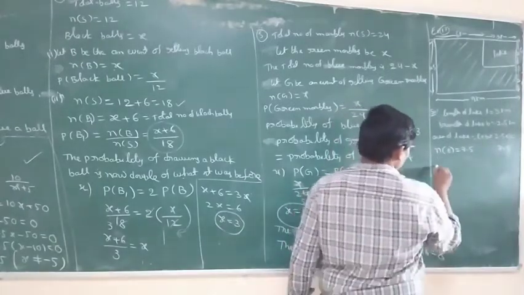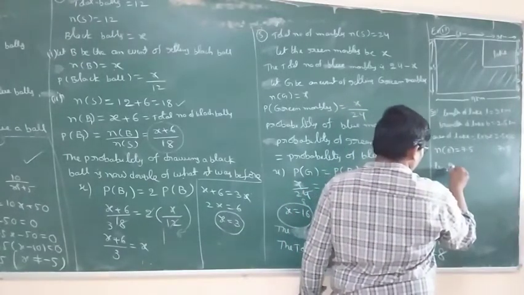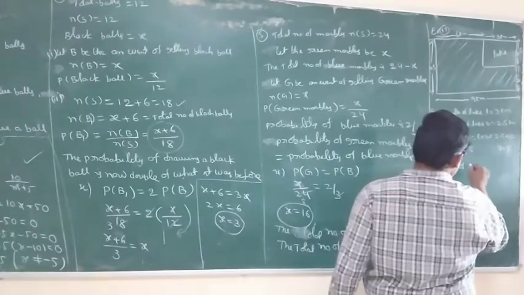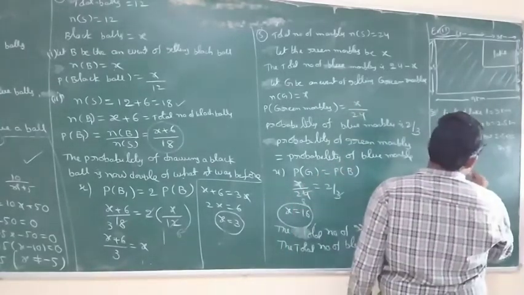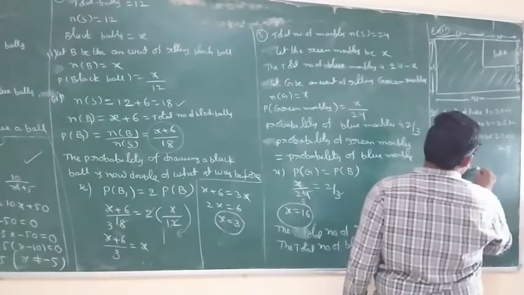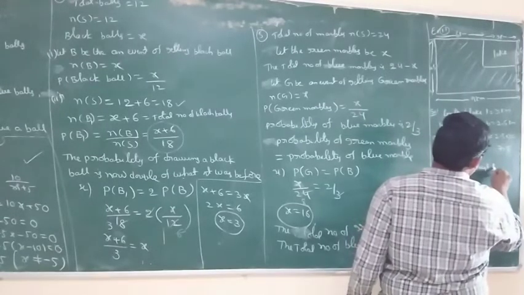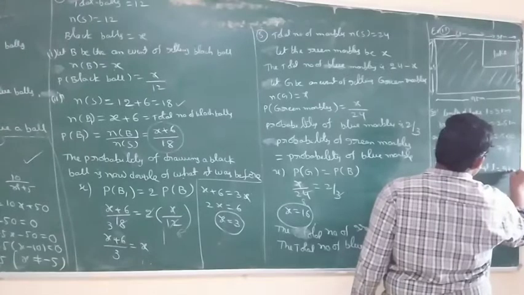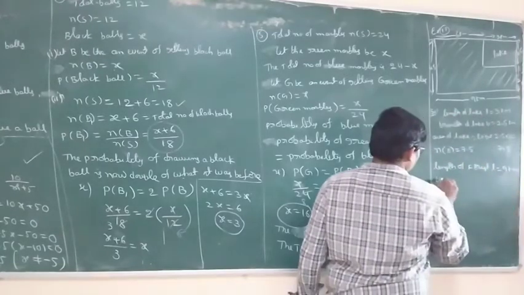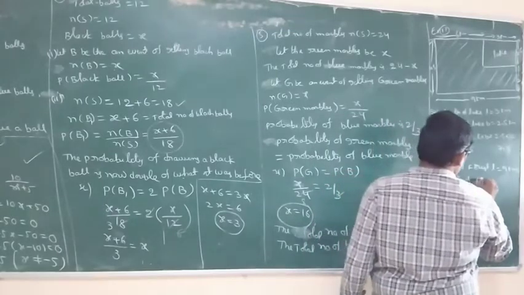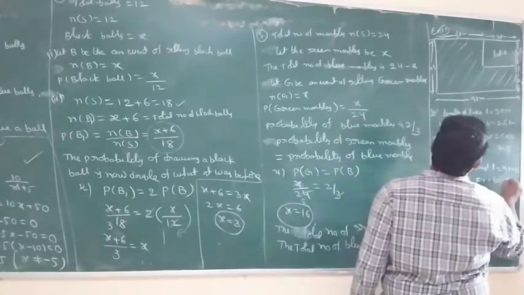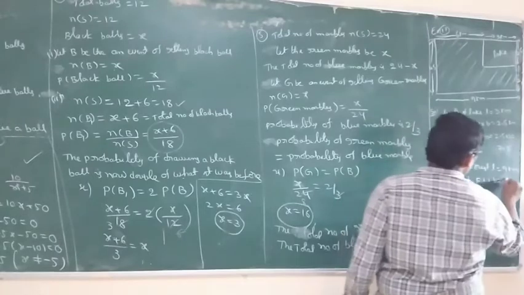Next, length of forest L is equal to 9 kilometers. Breadth of forest B is equal to 4.5.